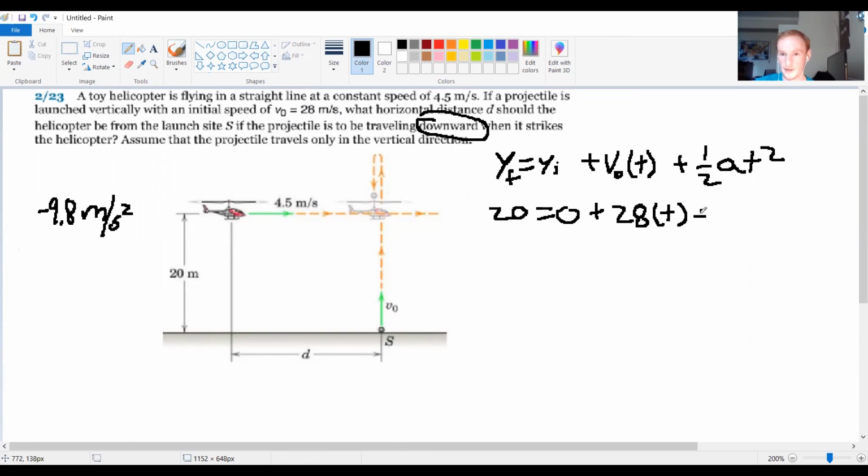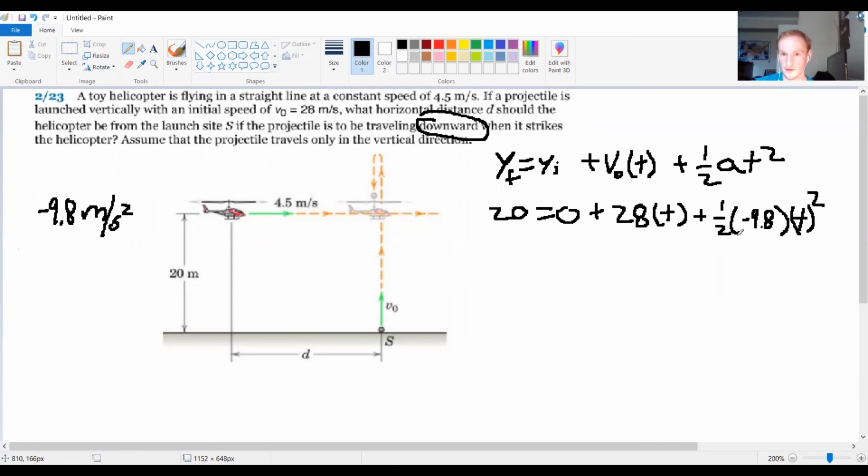And then plus 1/2 a, which is negative 9.8 meters per second squared, again, times the time squared. So you might be looking at this and you think, we have two unknowns. No, we really have one unknown in this one.